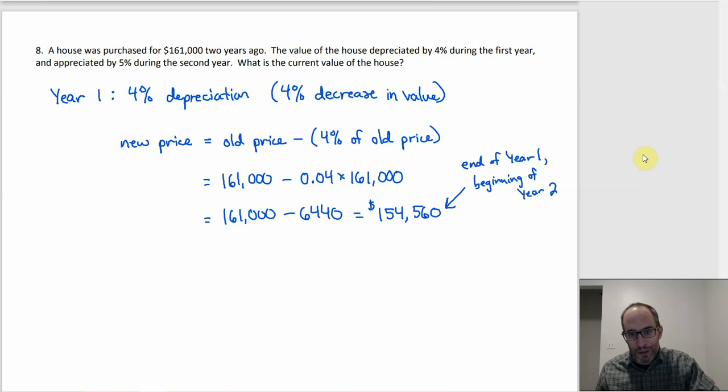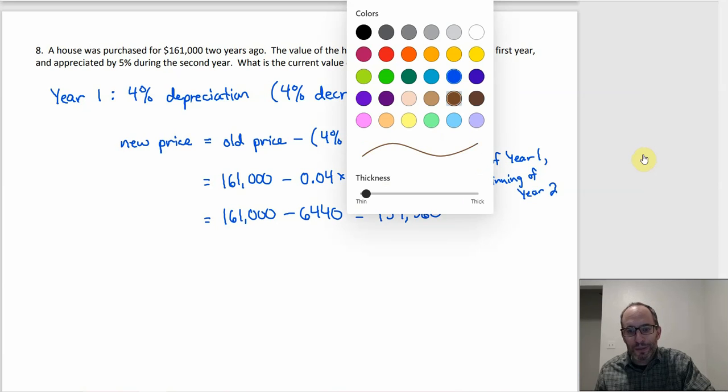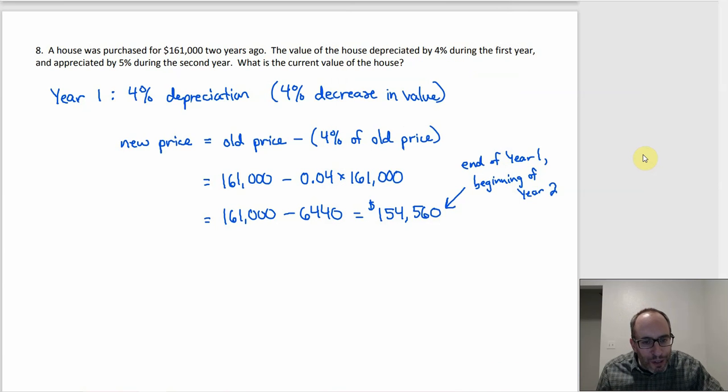So now for year 2, just to have a little extra production value, I guess we can change colors to make it easier to see where these are. So year 2, it's a 5% appreciation.